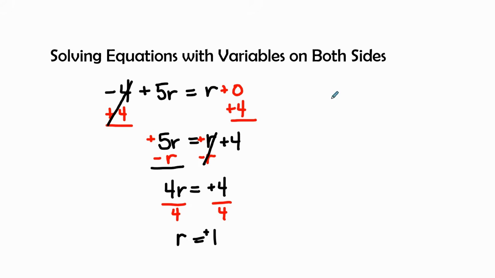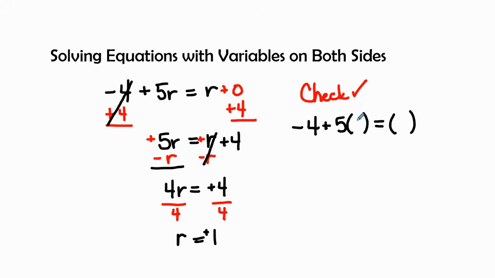Let's go and check our work. So here we are, we're checking. I'm going to go ahead and write down the equation again, replacing all my variables with parentheses so I can plug in a +1. And we will see how this all turns out.